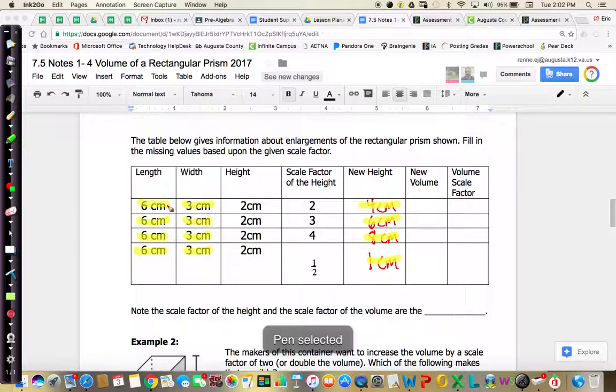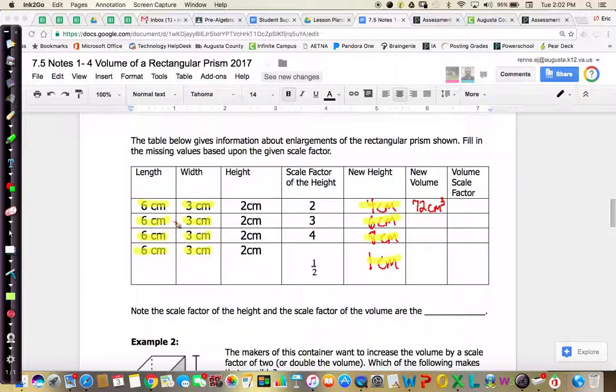So to find the new volume, we're going to multiply 6 times 3 times 4, which is 72 centimeters cubed. If you know what you're doing here, you can go ahead and pause the video and figure out the next 3 rows.